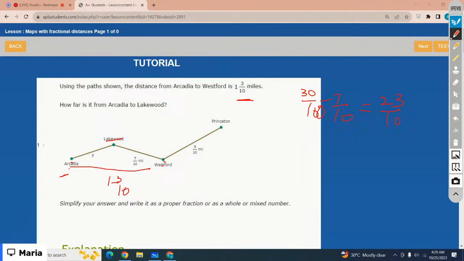So the correct option is, you have to do 1 whole 3 over 10 minus 7 over 10. 10 times 1 is 10, and 3, 13 over 10, and minus 7 over 10.